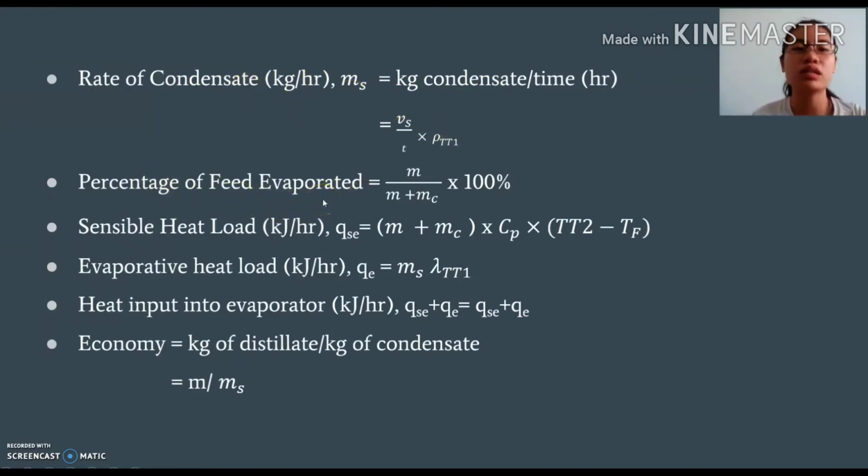And next one is the percentage of feed evaporated, which means how much of the feed evaporates into vapor.